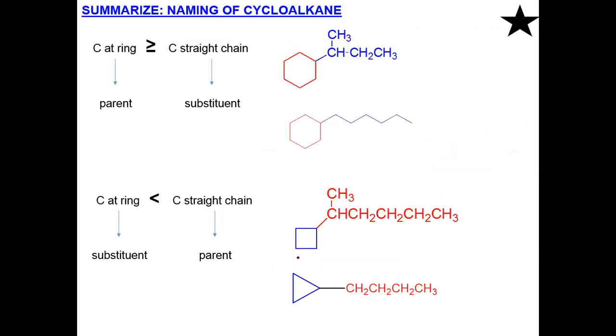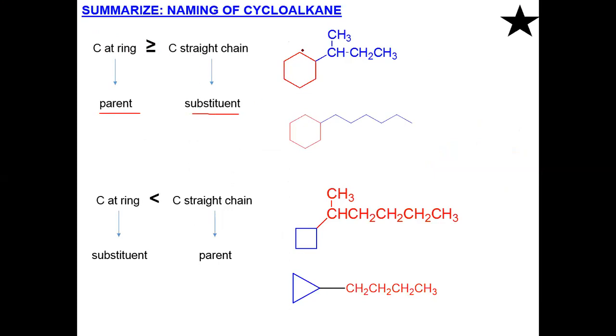Okay, summarize also. Let's say the number of carbons in your ring is the same or larger than the carbons in the straight chain. So if you have more carbon in your ring, it will become the parent and the straight chain will become the substituent.